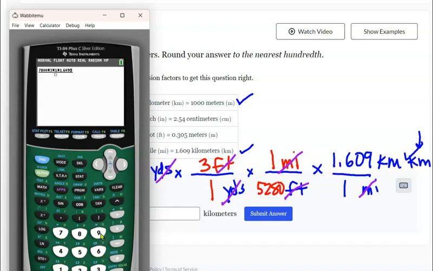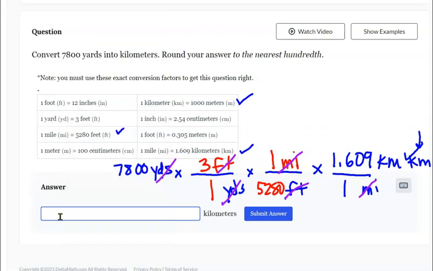Right, that's everything in the numerator. Now in the denominator I have 1 times 5,280 times another 1. I guess I don't have to write those, but I did. All right. It says round to the nearest hundredth, so this is the hundredths place where the 3 is. The number next to it is 0, so it doesn't round me up. It's just going to be 7.13.